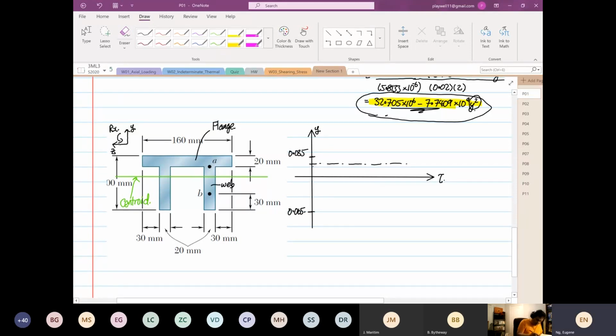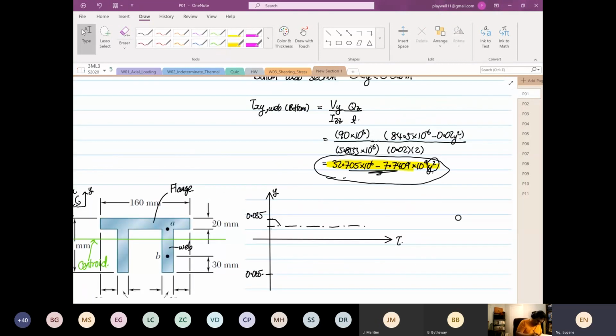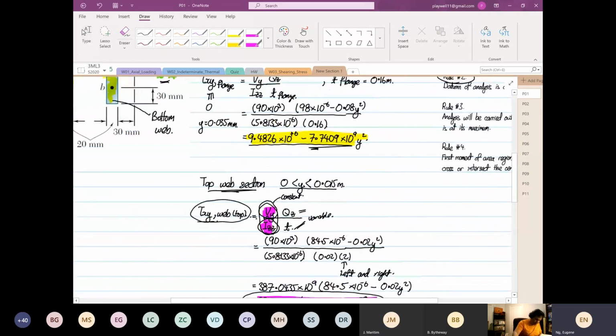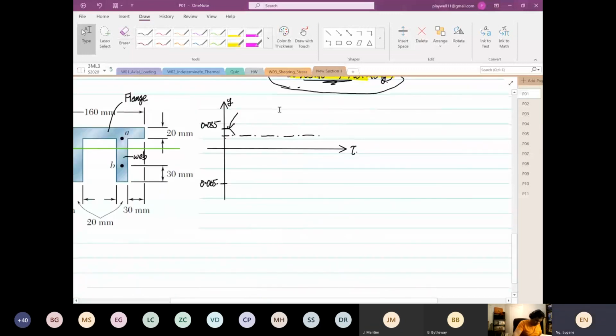And this curve over here has the expression of this equation over here. Okay, it's doing something funny, but let's see whether it will move.